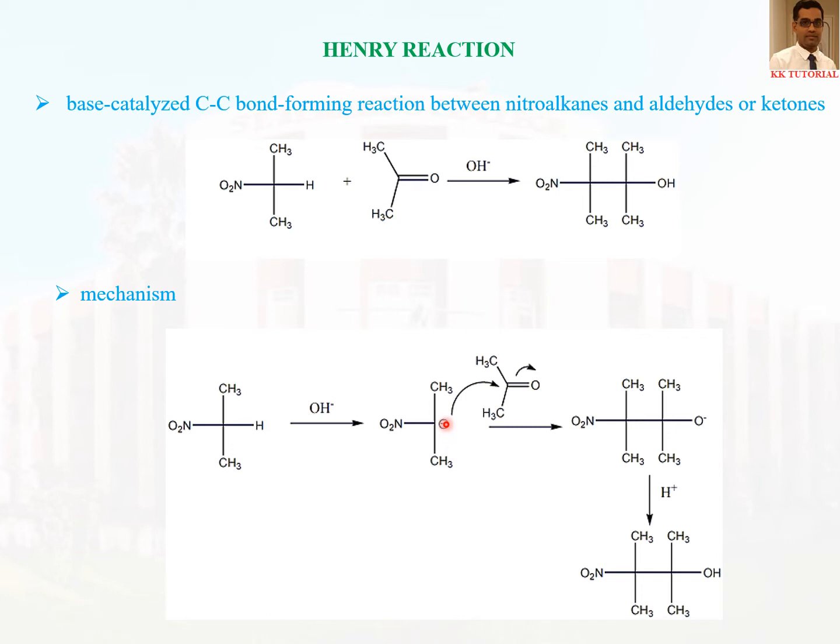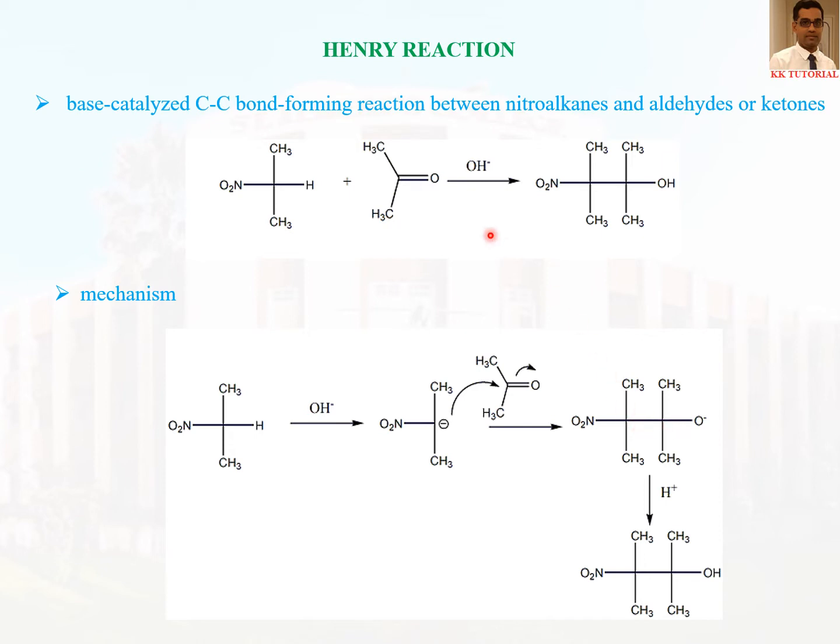It will attack this carbonyl carbon and this C double bond O, the double bond electrons are shifted to O so that it becomes O minus. And that O minus takes H plus in the next step to form OH. So a new carbon-carbon bond is formed between this carbon and this carbon.